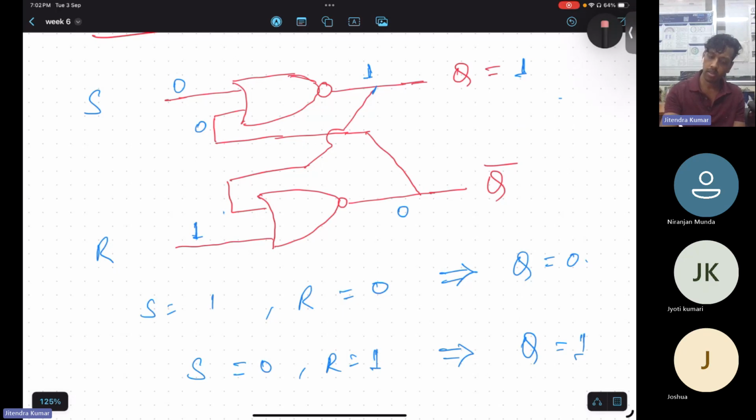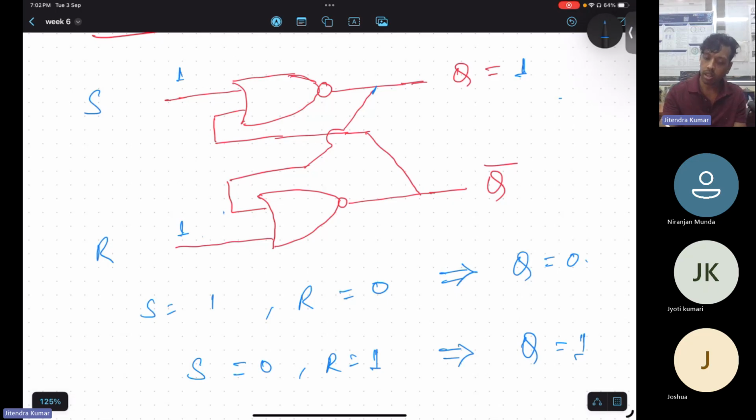So let us keep S equal to 1 and R equal to 1. What will happen here?